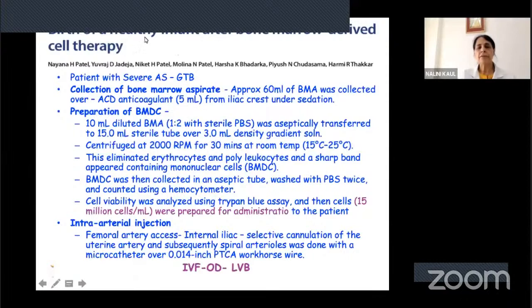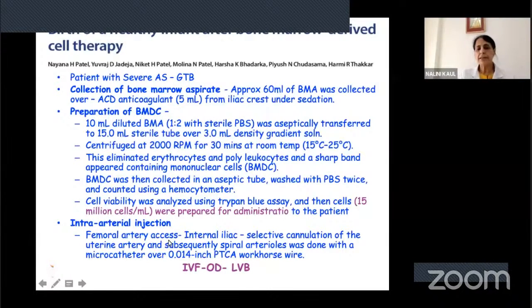And now we have our very own case report from Dr. Patel in Ahmedabad, where they collected the bone marrow aspirate and separated the cells from it after centrifugation. Then these cells, about 15 million cells per ml, were administered to the patient using the same technique as we use for cardiac cath.